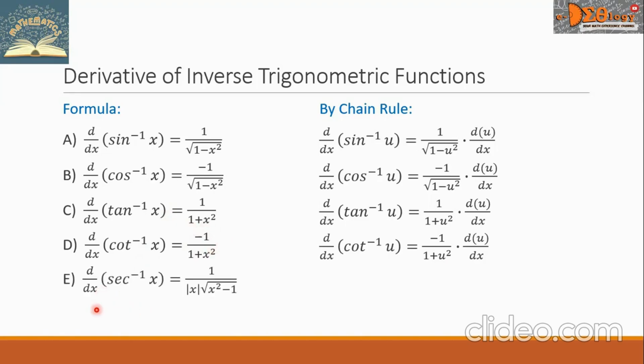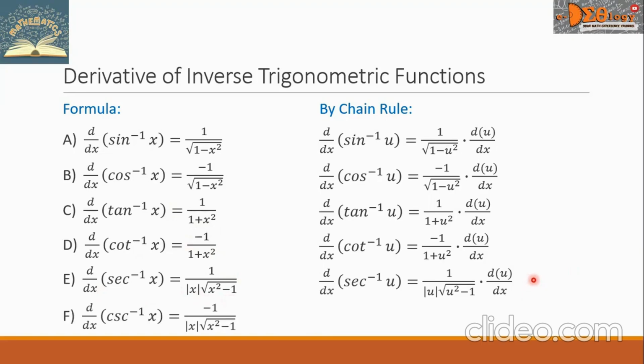Next is the derivative for secant inverse x. This is equal to 1 all over the absolute value of x times the square root of the quantity x squared minus 1. By chain rule, the formula becomes like this. Sixth formula, the derivative of cosecant inverse of x.